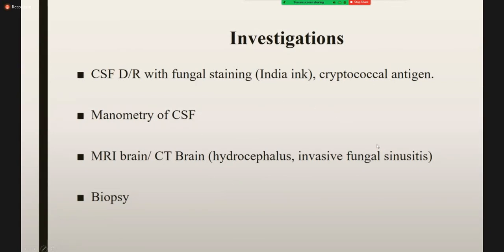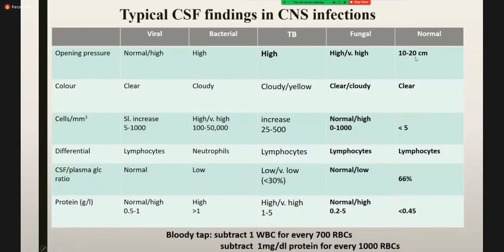So you should involve the neurosurgeon as well as ENT surgeons to diagnose on the basis of tissue biopsy.